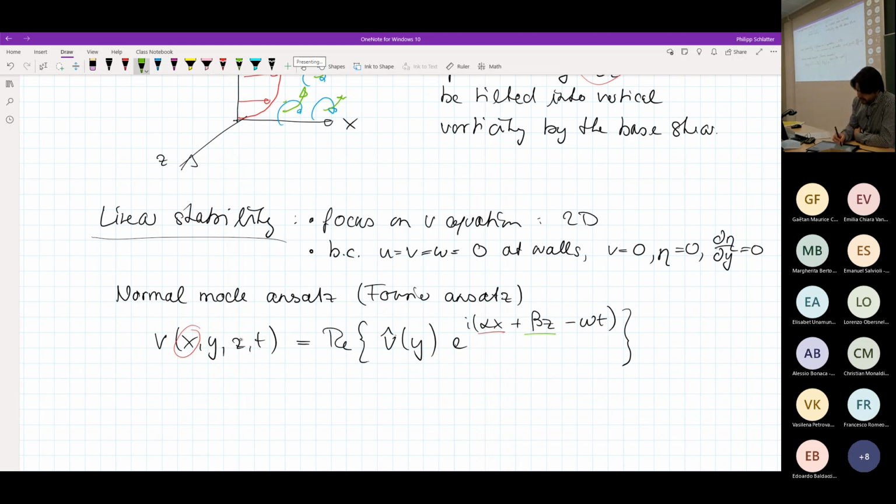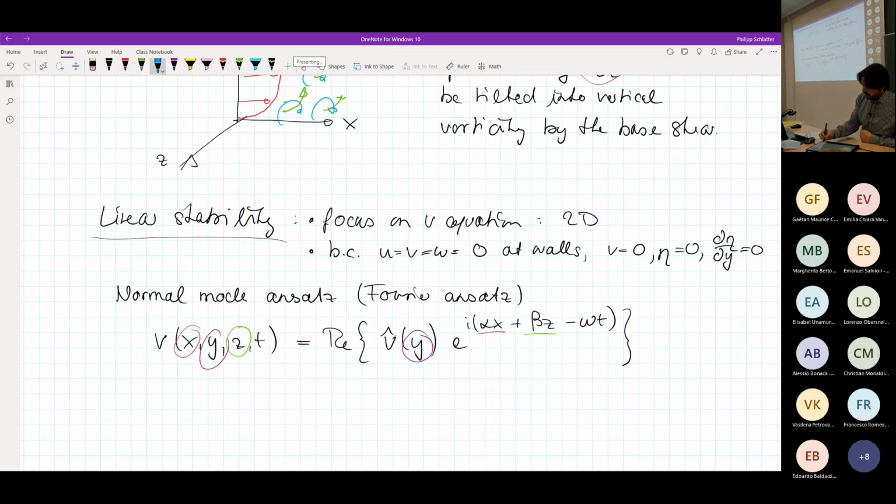So the beta here corresponds to the z dependence, and the y dependence, the direction in which my shear flow changes, is kept as the dependence of the Fourier coefficient, the v hat. So in x and z, or in alpha and beta, I do a Fourier approximation, and in y I keep the Fourier coefficient variable.